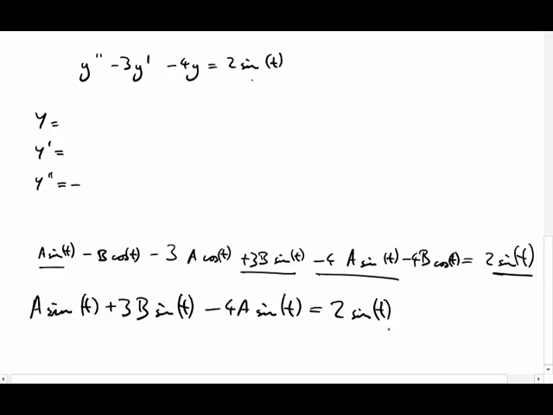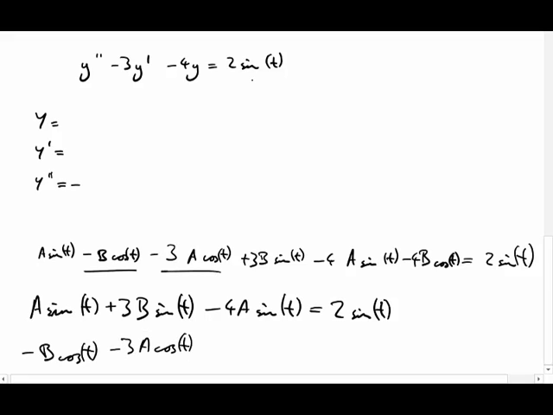Then we can do exactly the same for cos. So collect together all the coses. We've got minus b cos t, minus 3a cos t, and then minus 4b cos t there. And that's equal to the thing on the right-hand side involving cos.